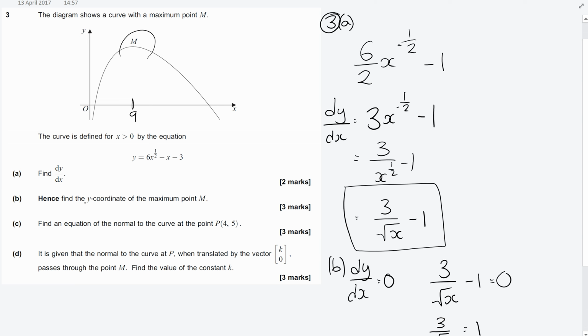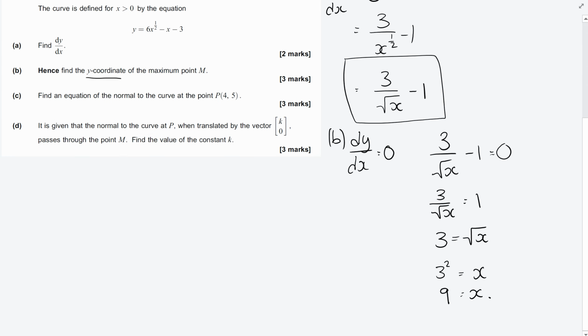The question asks for the y coordinate. So what is the corresponding y value? In order to find that, we need to substitute the x coordinate into the equation for y. So y equals 6 lots of x to the half, minus x, minus 3. So y equals 6 lots of 9 to the half, minus 9, minus 3.